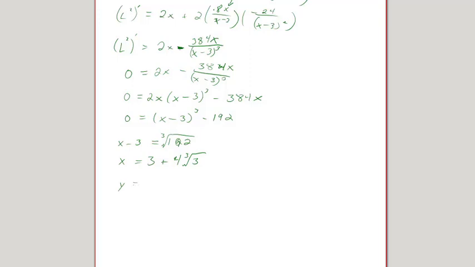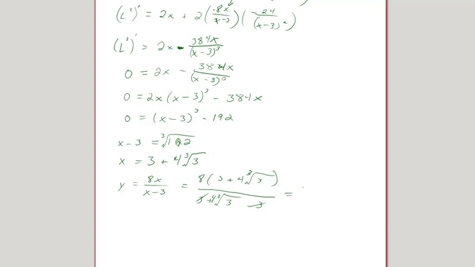So if y equals 8x over x minus 3, well, that is 8 times the x value I have, 3 plus 4 cube root 3, over 3 plus 4 cube root 3 minus 3. Of course, those 3's cancel out in the denominator.